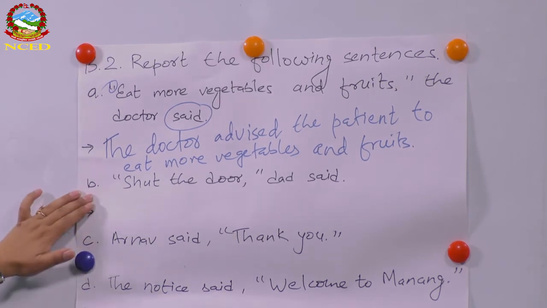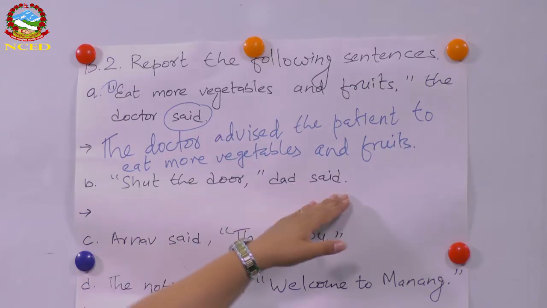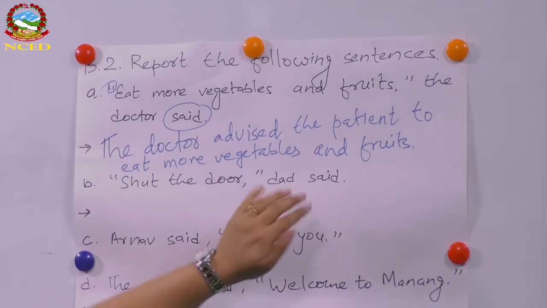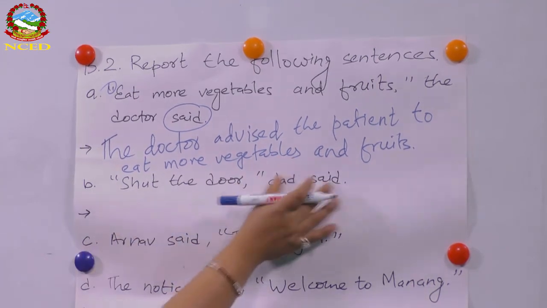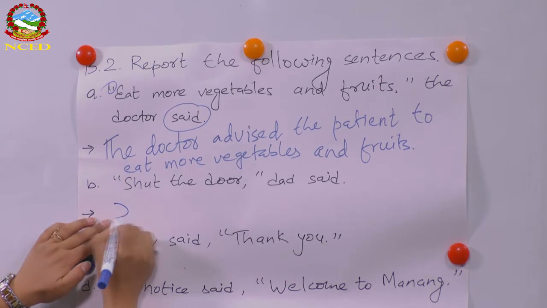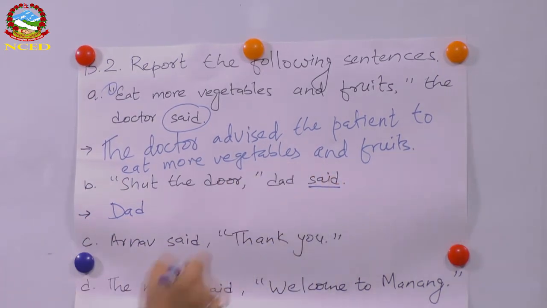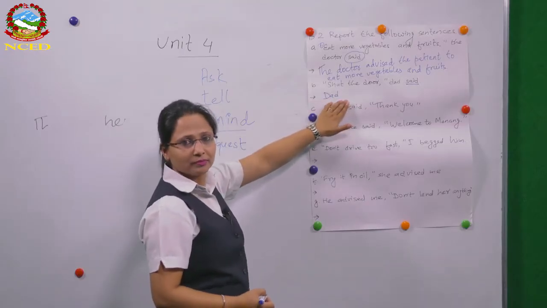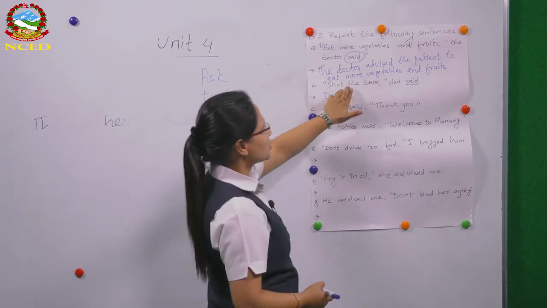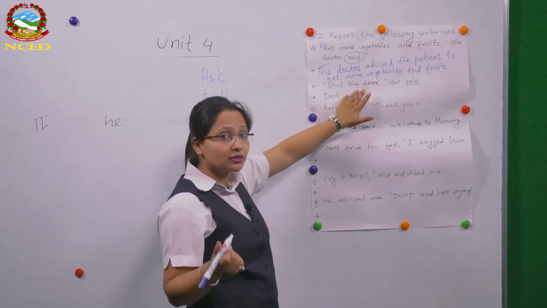Now let's look at number B. Shut the door, Dad said. Again, the reporting clause is at last here. So what we do is we bring it in here. So Dad now said. What verb should we write here? What do you think? Shut the door. It seems that it is a type of order, right?